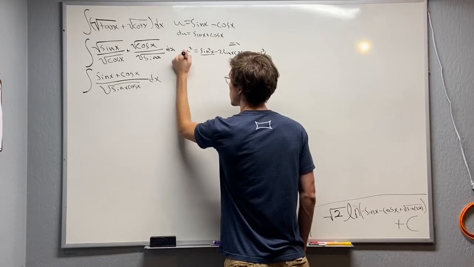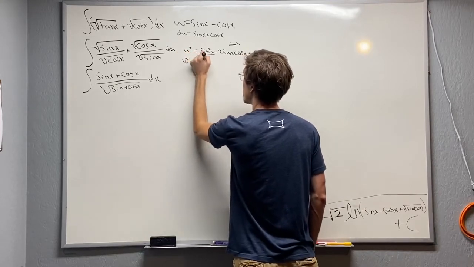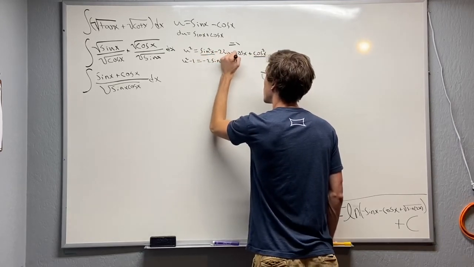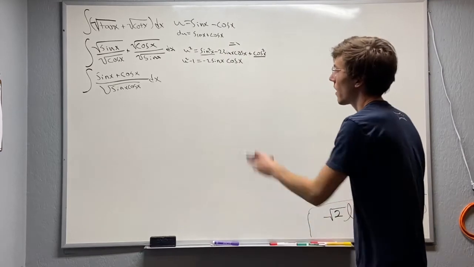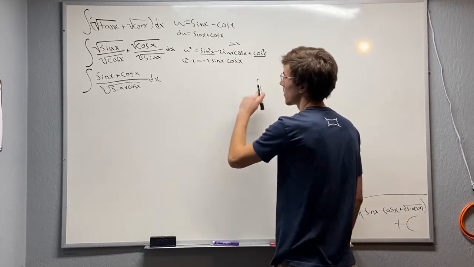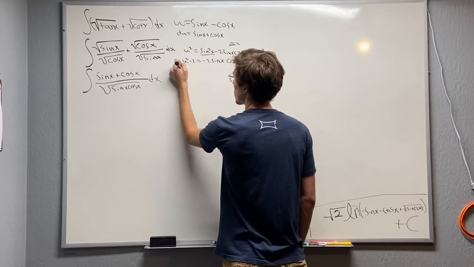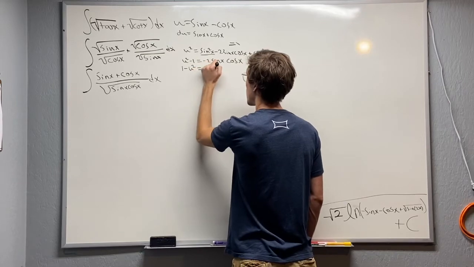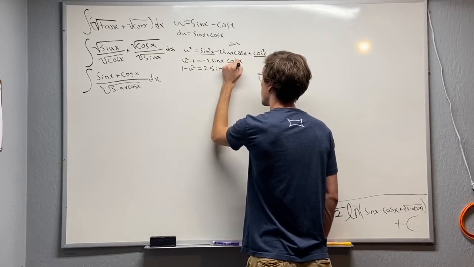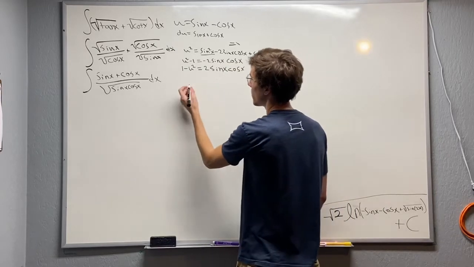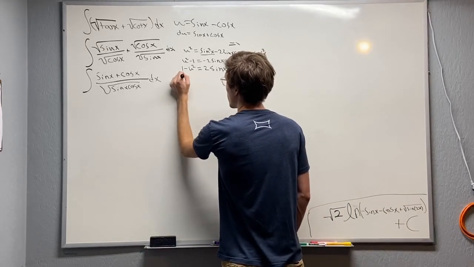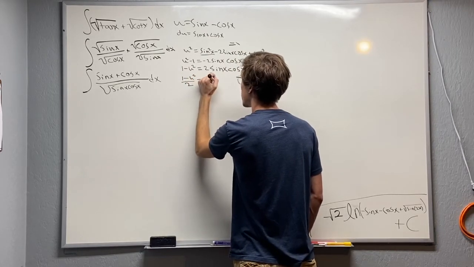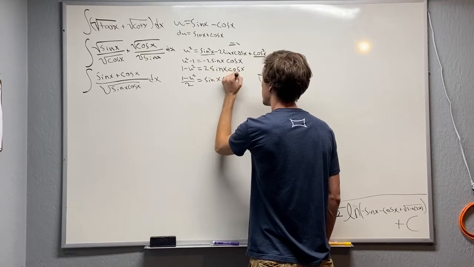And so u squared minus 1 is going to be equal to negative 2 sine of x cosine of x. Now we want to get rid of this negative over here, so let's multiply both sides by negative 1. So we're going to get 1 minus u squared is equal to 2 sine of x cosine of x, and then we're going to divide it by 2. And so we're going to get 1 minus u squared over 2 is going to be equal to the sine of x times the cosine of x.